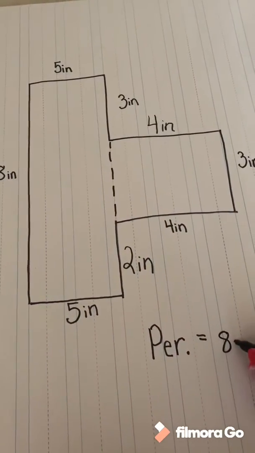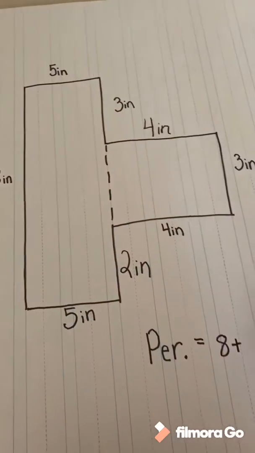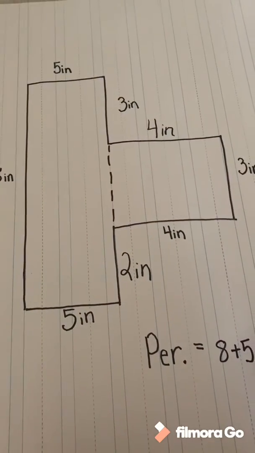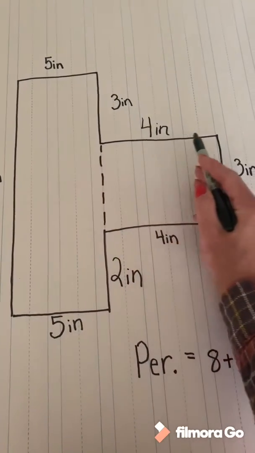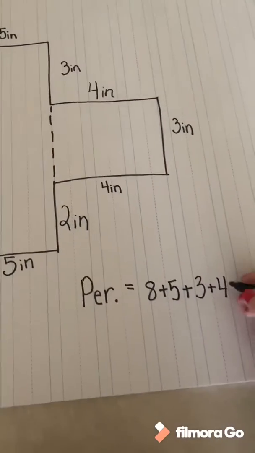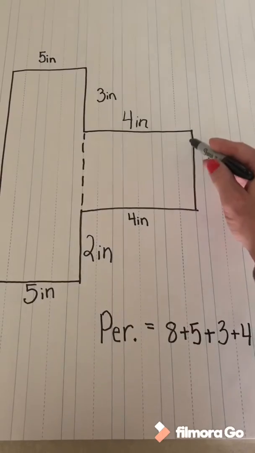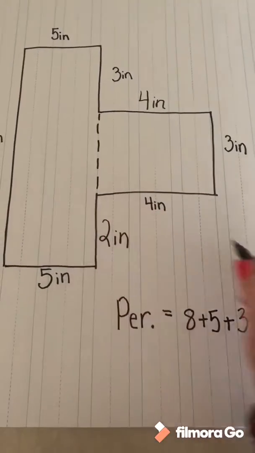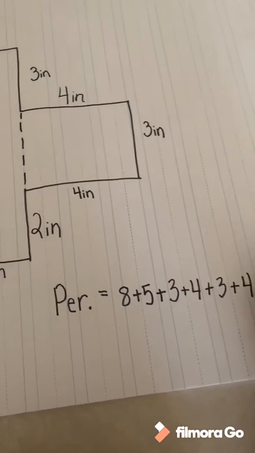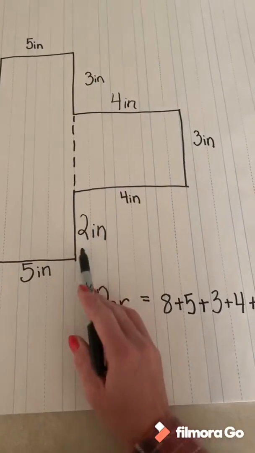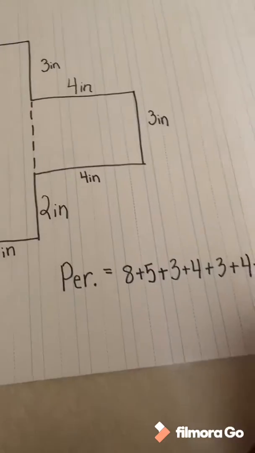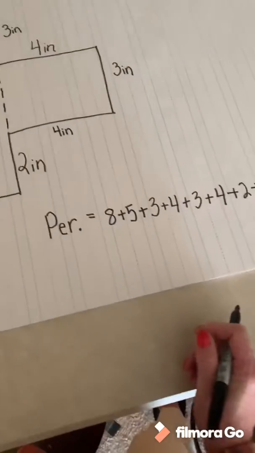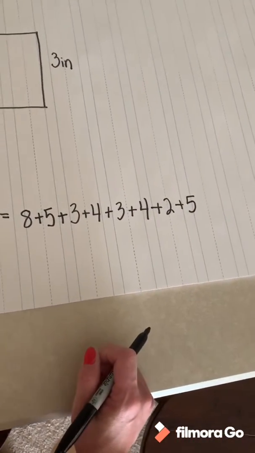I've got 8 plus that chunk up there, which is 5, plus this piece right here, which is 3, plus that chunk, which is 4, plus my edge right here, 3, plus another 4-inch side, plus this little 2-inch guy, plus one more 5-inch side.